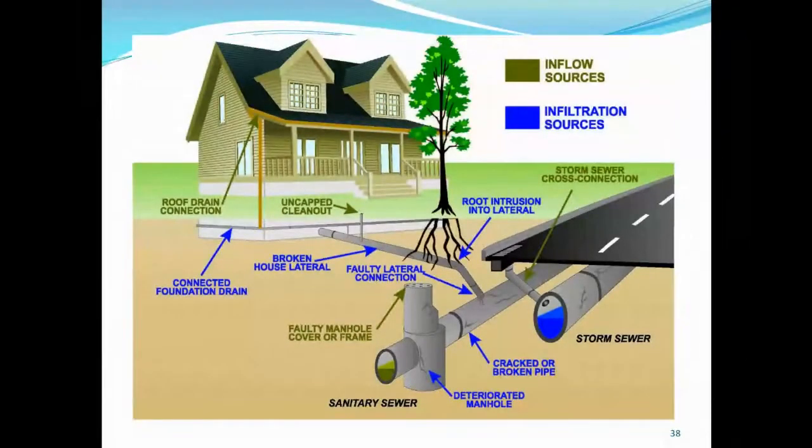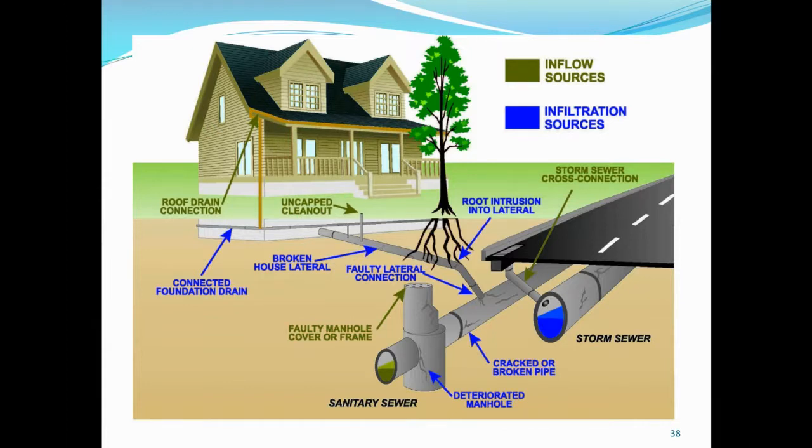Now, this is a typical household. You have wastewater. If it rains, you have the roof drain connection, which is collecting the rainfall from the rooftop, and connected to the foundation drain. And then this is an uncapped clean out.